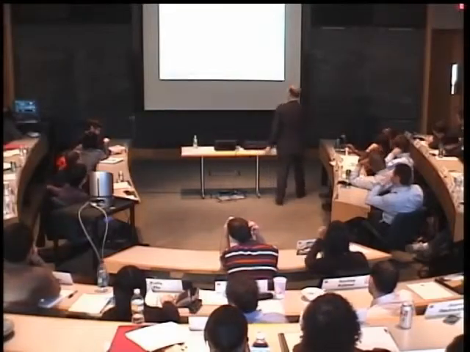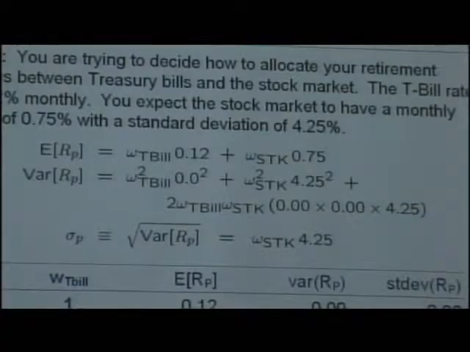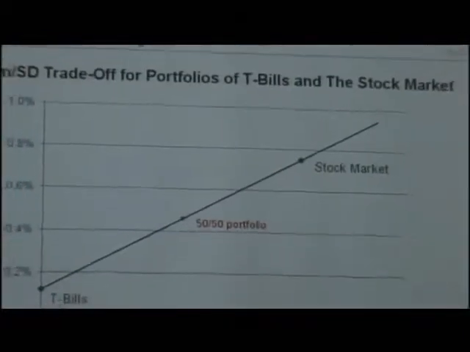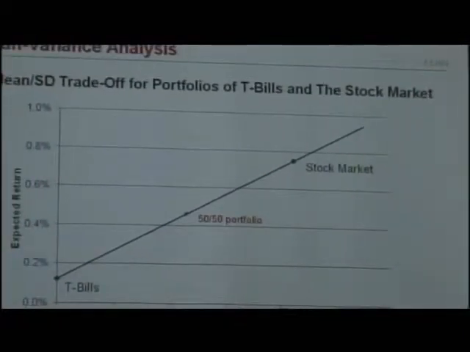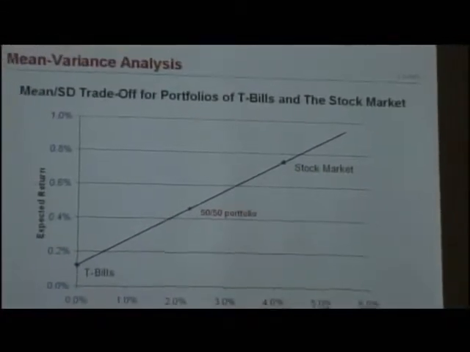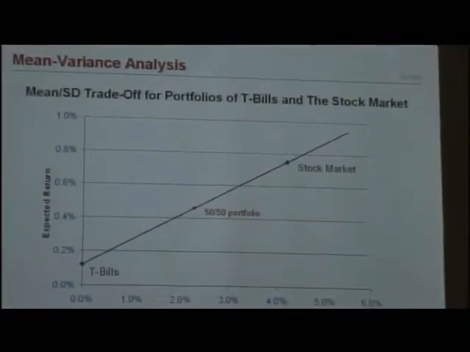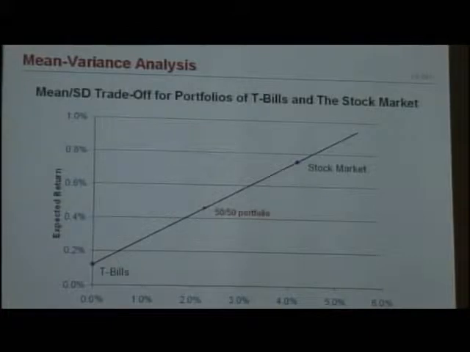And so when you work out the weights for the two and you graph them, you get this. This is a beautiful thing. Nice and simple. No weird curves or any kind of bullet shape. You've got T-bills here. You've got the stock market here. And the weights, as you vary them, will bring you anywhere along this line or possibly up over here.